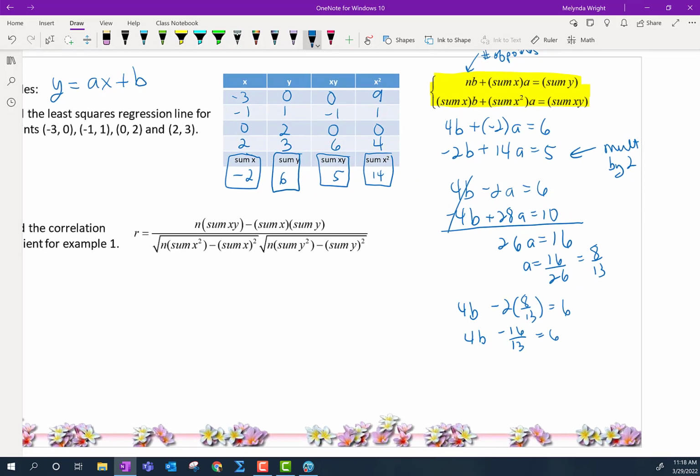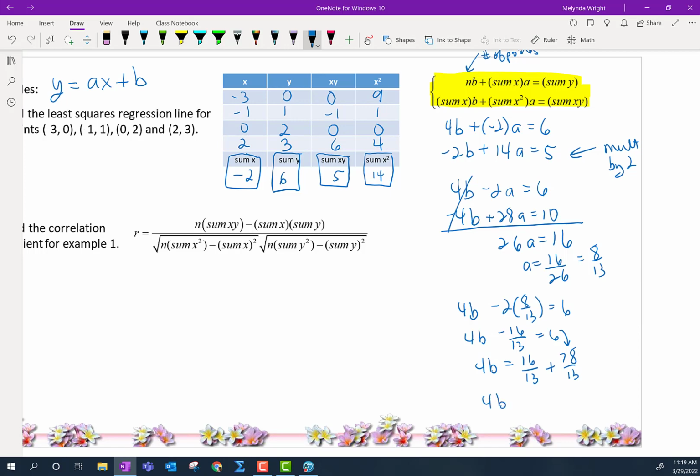Oh, that sounds like so much fun, doesn't it? You're like, oh, sure, Dr. Wright. Okay, so we're going to do 6 times 13. That gives us 78. So we have 4b equals 16 over 13 plus 78 over 13. 6 is 78 over 13. Okay, so we add those together. What do we get?